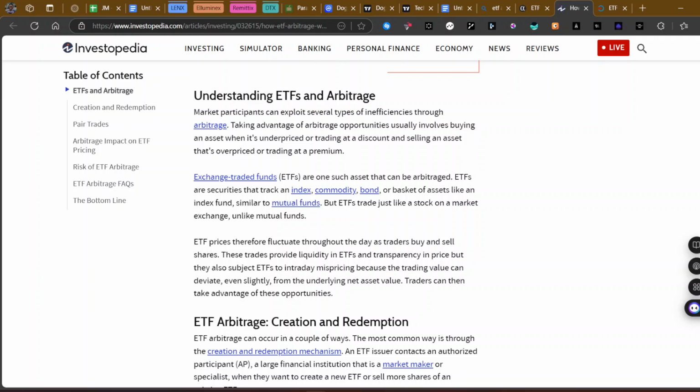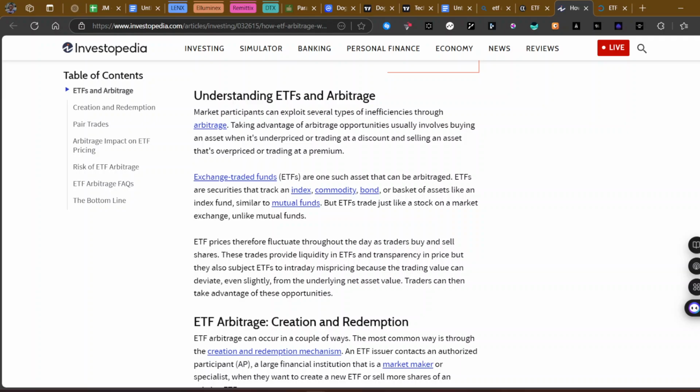So this is where arbitrage comes in, right? Arbitrage is the practice of buying an asset in one market where the price is low and selling it in another market where the price is higher. So in the case of ETFs, traders look for opportunities where the price of the ETF deviates from the actual value of the assets it represents, okay? So if these discrepancies are big enough, they present potential trading opportunities.